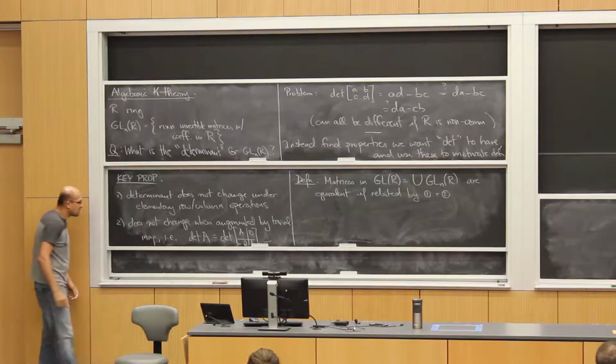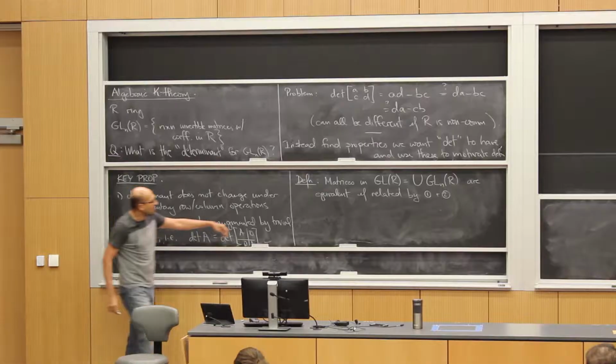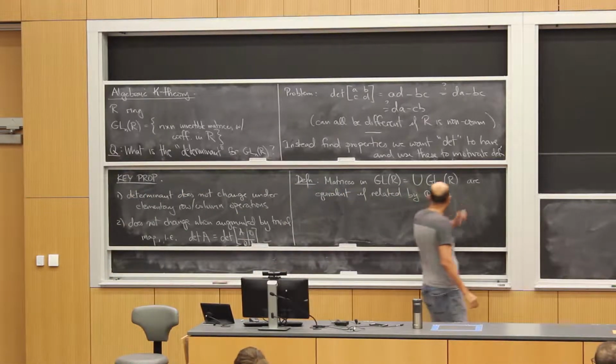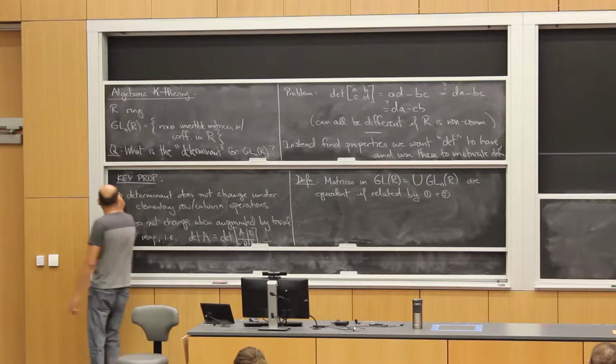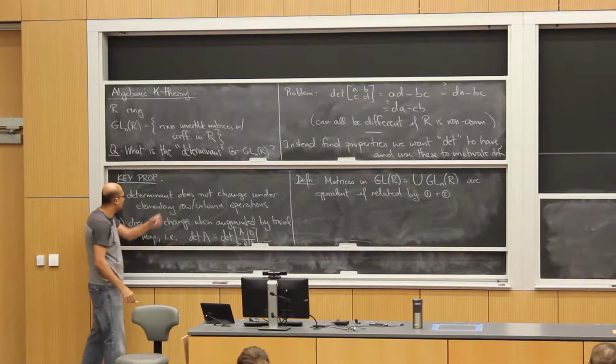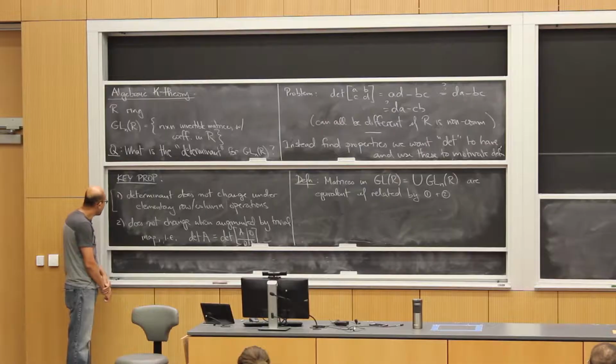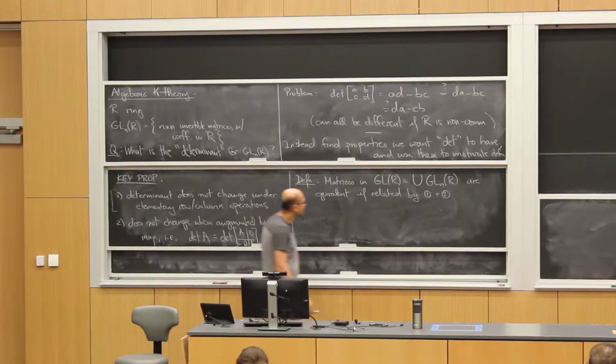Well, the second relation is just saying that you can think of some GL_n as sitting in any of the larger ones. So really, it's the first relation that we now want to focus on inside GL(R). And what does this first relation say?